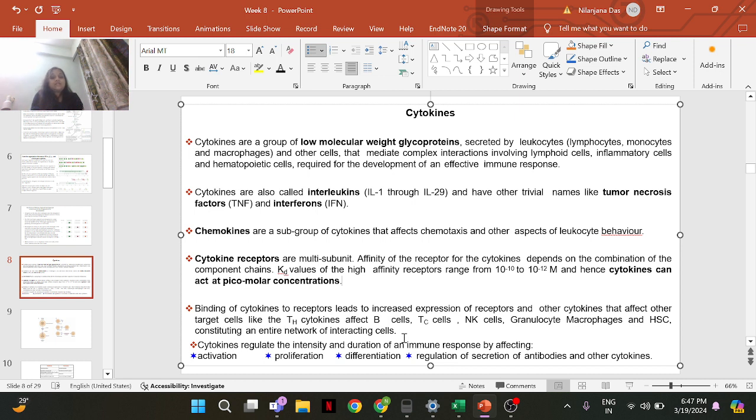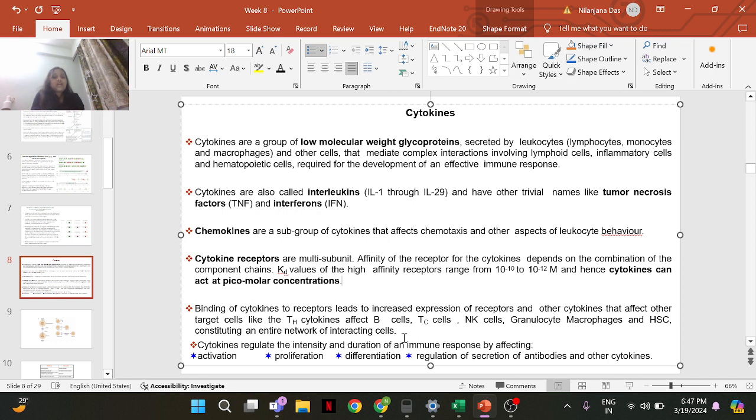So whenever there is a binding of the cytokines to the receptor, it can lead to the expression of more and more of these receptors and other cytokines that can affect other target cells. So there will be an interconnecting network that will activate one or the other cells.